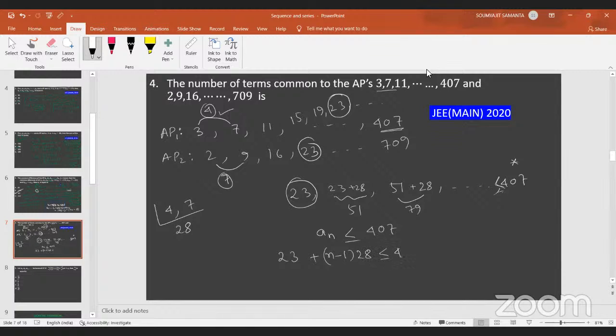This is less than or equal to 407. So 28n minus 28 plus 23, which gives minus 5. So n is less than or equal to 407 plus 5, that is 412, divided by 28. Is 412 divisible by 28? I don't think so.